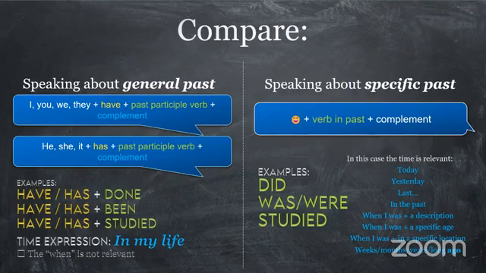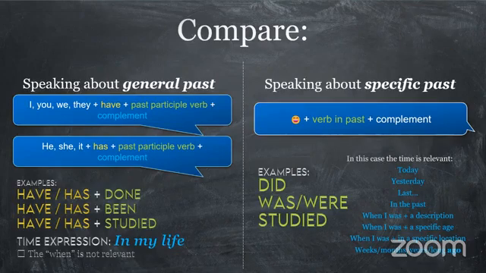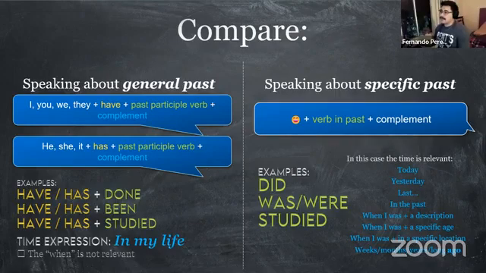Okay. A specific past. When did you study English before? When I studied English by myself for 1 years ago. Eliminate for. For is not necessary when you speak specific.